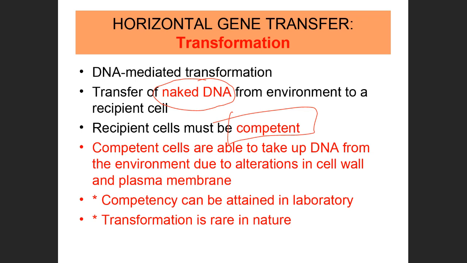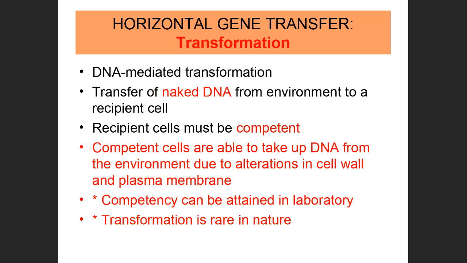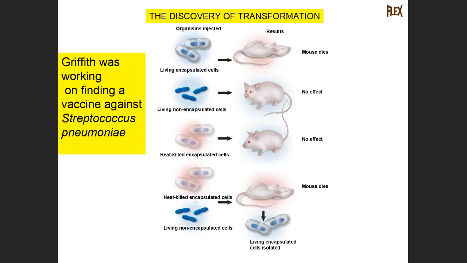We can force a cell to become competent. That's very useful in the laboratory. However, in the natural world, transformation is extremely rare, very, very rare. This is not something cells do. They do not willingly take DNA.